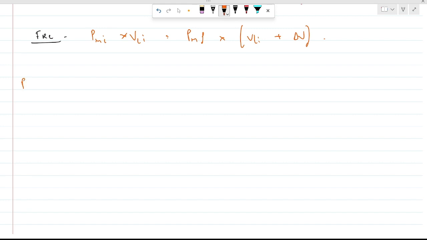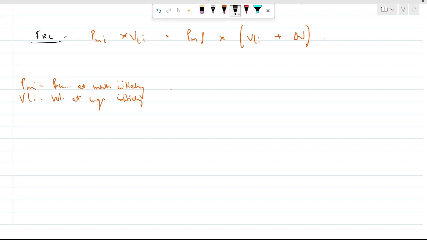First is PMI, pressure at the mouth initially. VLI is volume of lungs initially.